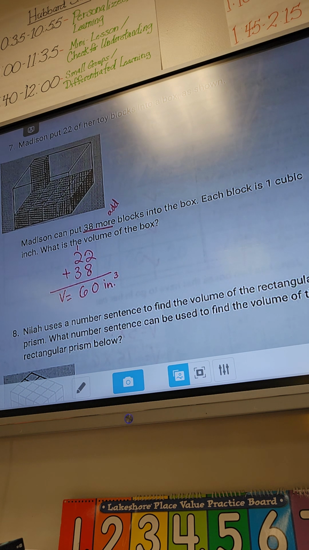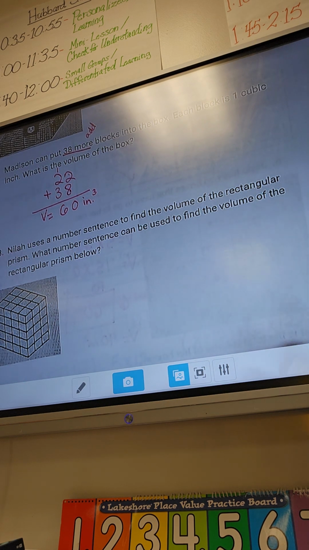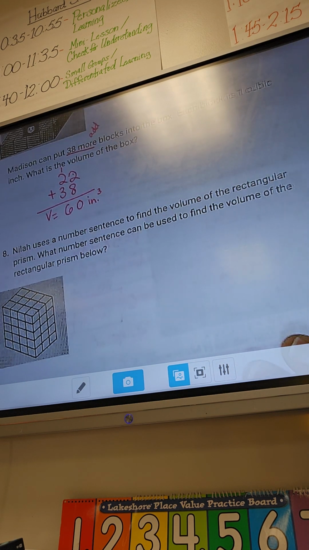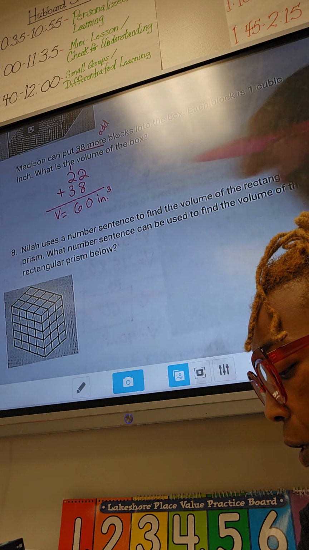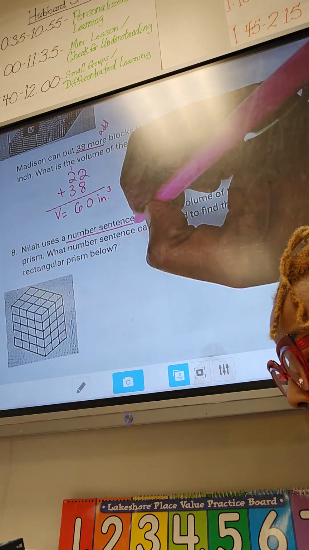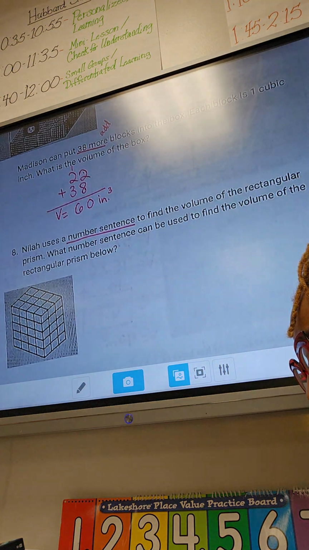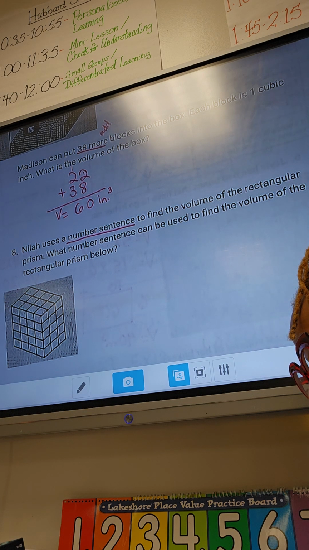All right, questions about any of the questions that we've gone over? All right, number 8. Nyla uses a number sentence to find the volume of the rectangular prism. What number sentence can be used to find the volume of the rectangular prism below? Number 1, it asks for a number sentence to find the volume.